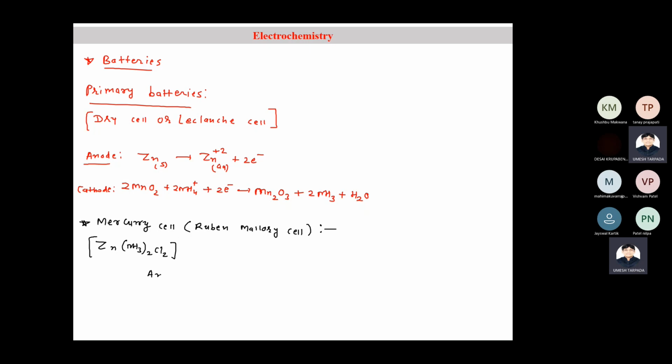What happens at anode and cathode? At anode, zinc amalgam, Zn in contact with Hg, undergoes oxidation to give zinc oxide, 0 to plus 2, zinc oxide.